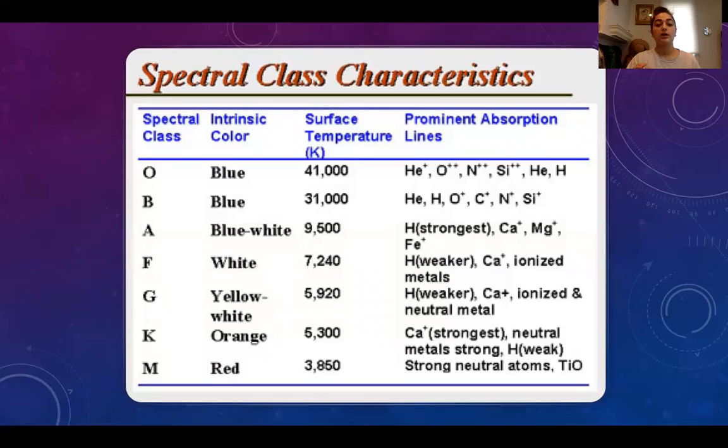You can see the temperature decrease and also the color go from blue to red. And you can also see the absorption lines. And you can see how certain elements become less noticeable in the stars, like for instance, hydrogen is one of them.